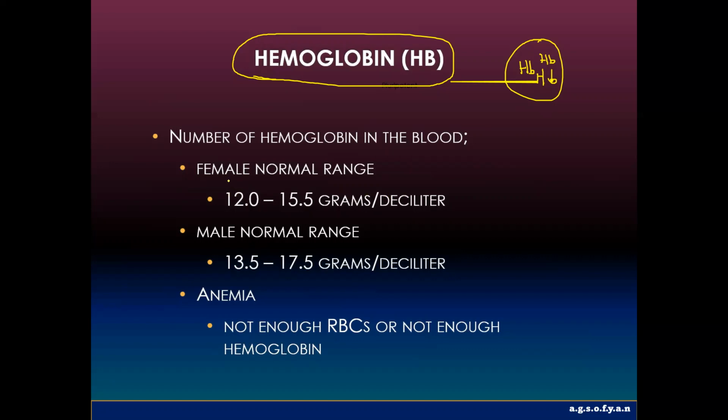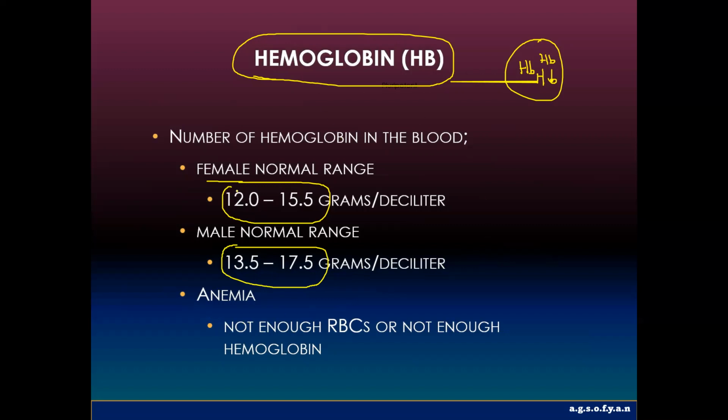The normal range for females is 12 to 15.5. That's the normal value for a healthy female. For males, between 13.5 to 17.5 hemoglobin. This is the normal range for males. So if they are in this range, they are healthy, considering the hemoglobin value.